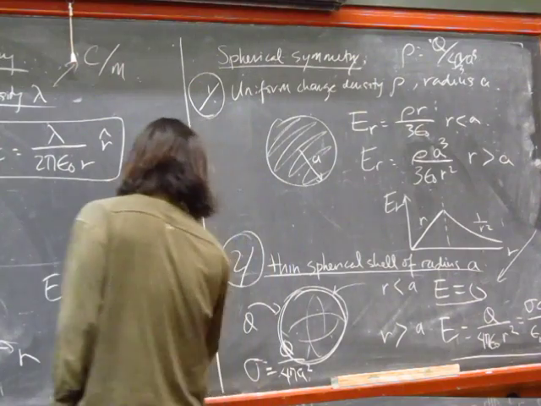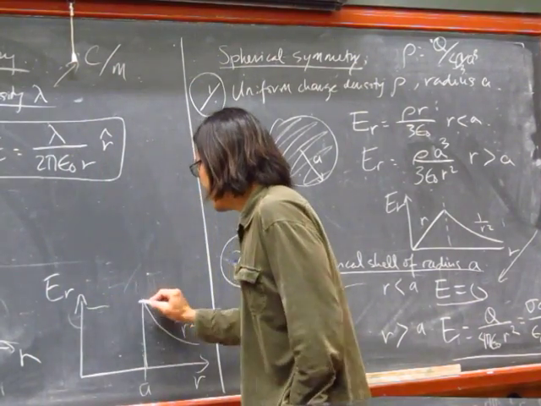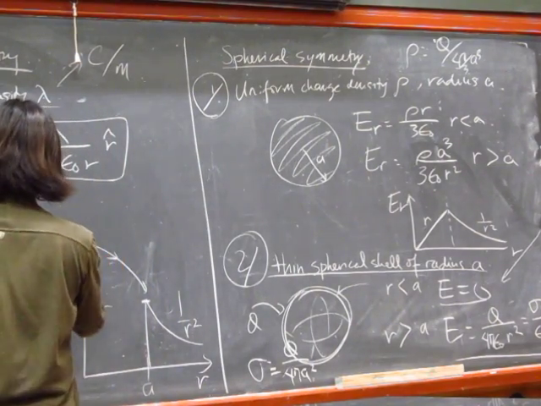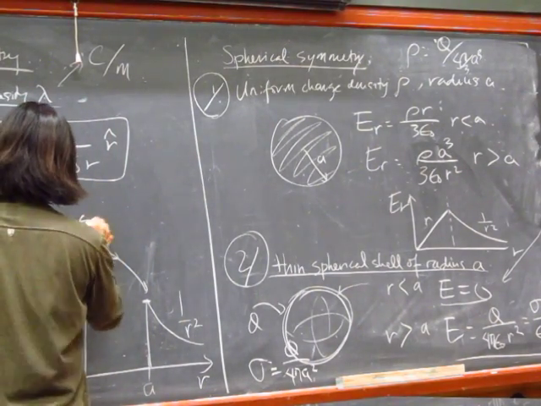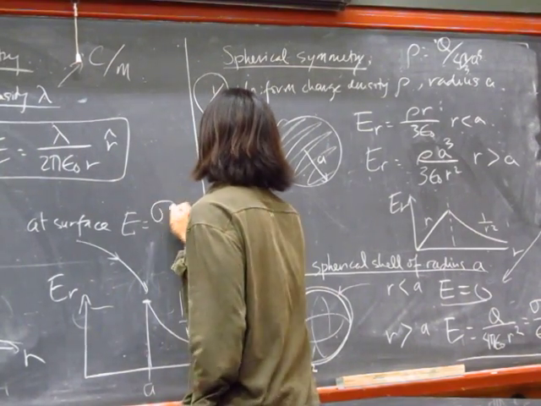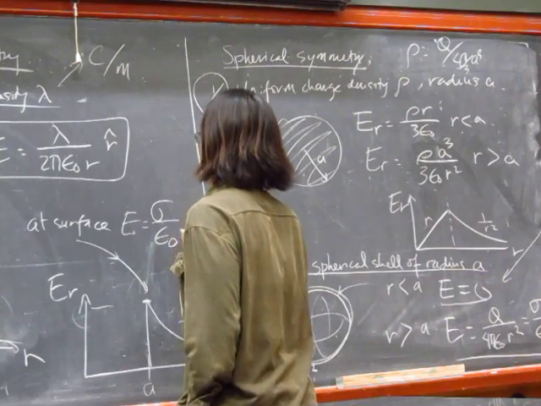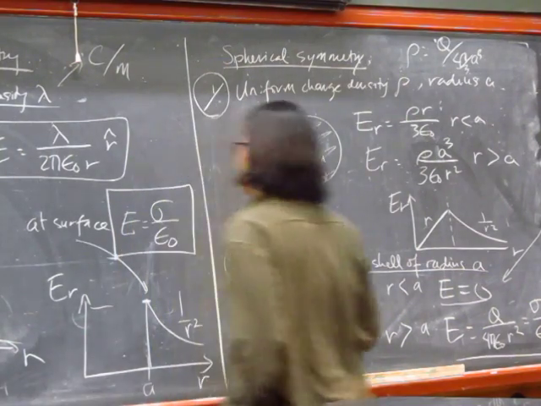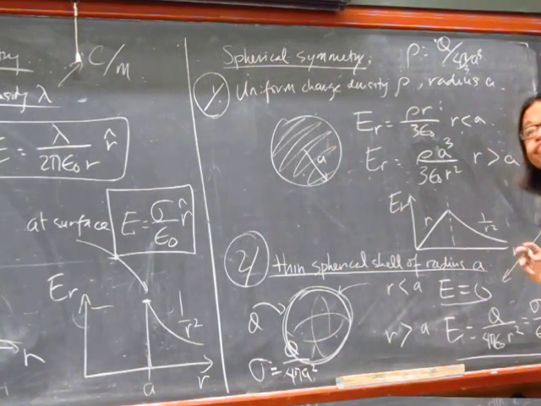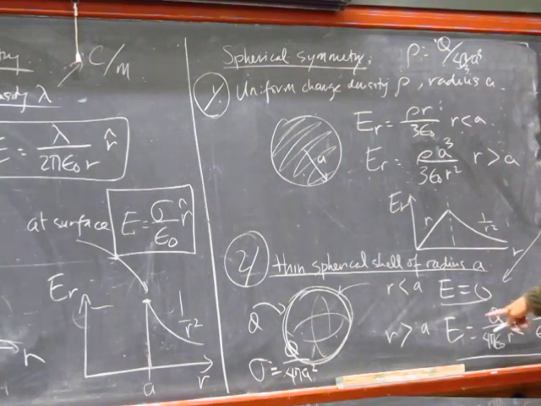And the value of the electric field at the surface is given by sigma over epsilon naught, pointing radially.